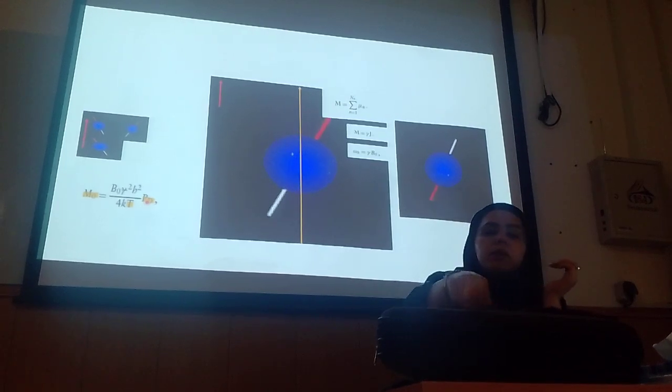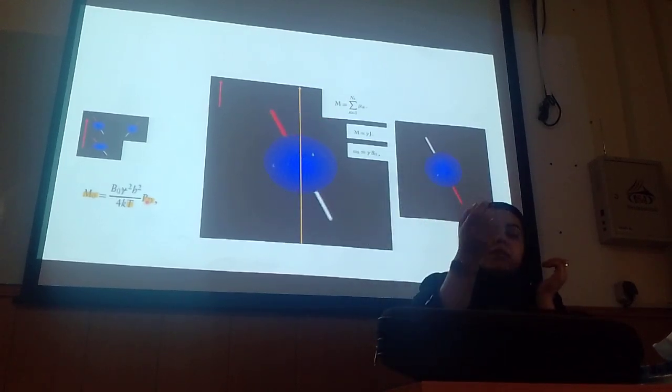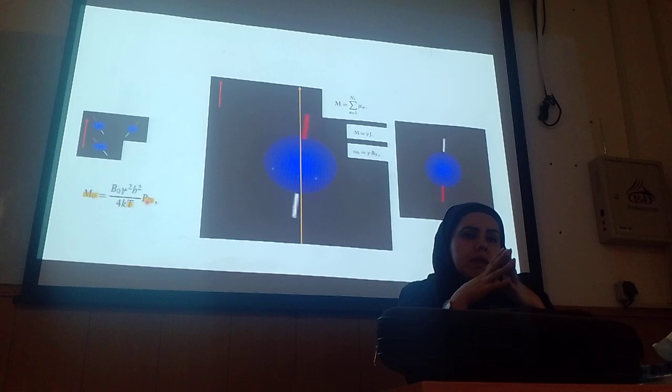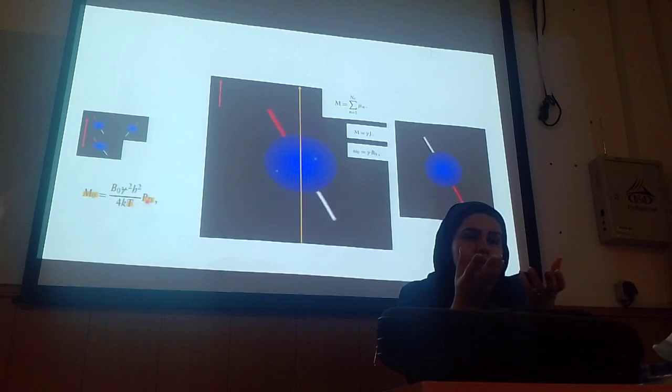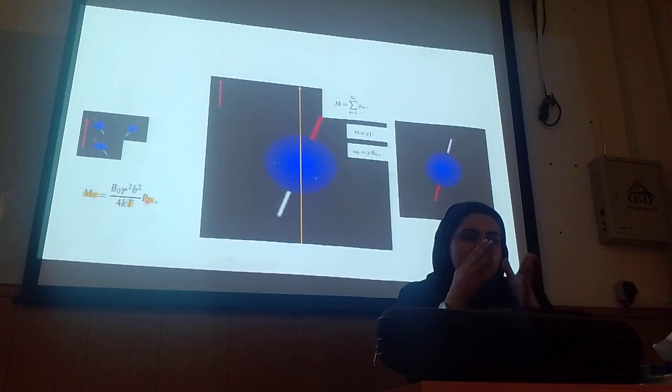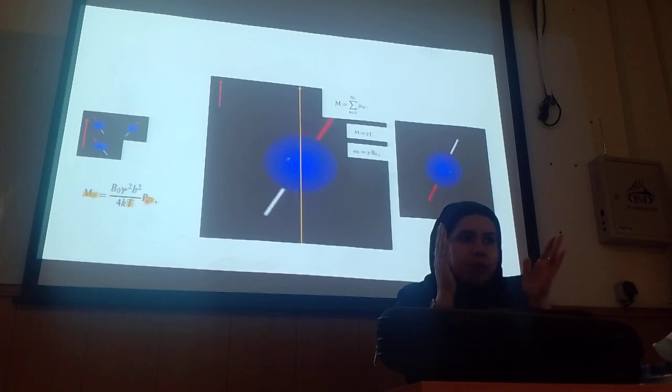Our aim in MRI is to capture the existing differences between different tissues. We want to make a contrast in MRI. We want to see different tissues on MRI differently.